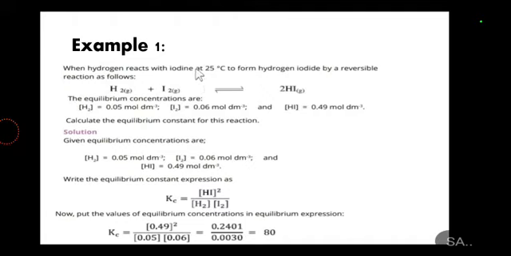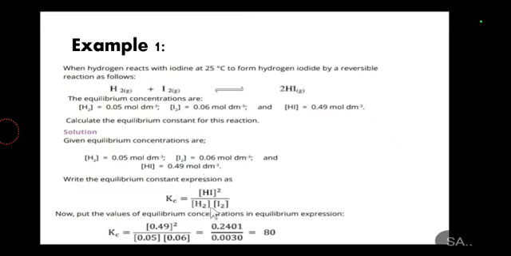It has no link with the initial concentration of reactants and products, but it has a relation with the temperature of the reaction. So when you put these values, for hydrogen the concentration is given, iodine has its concentration, and hydrogen iodide concentration is also available.